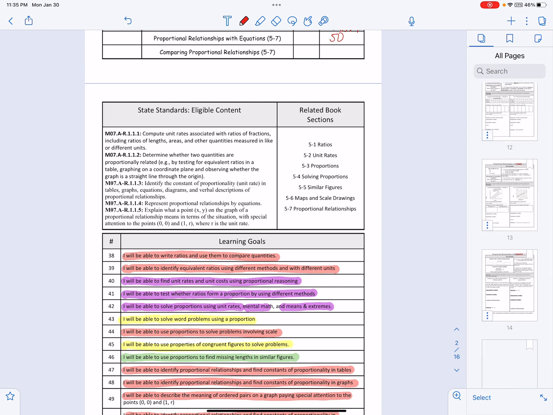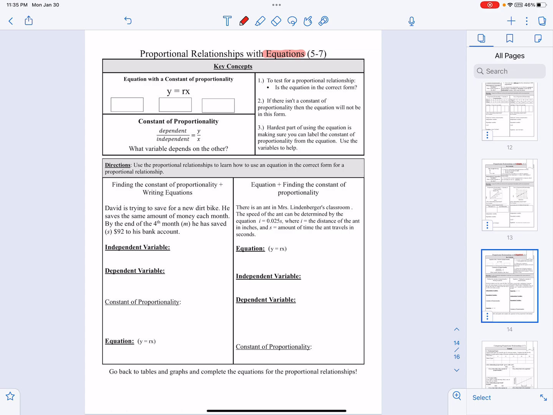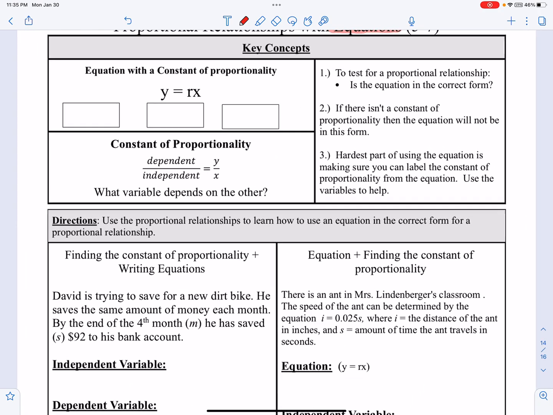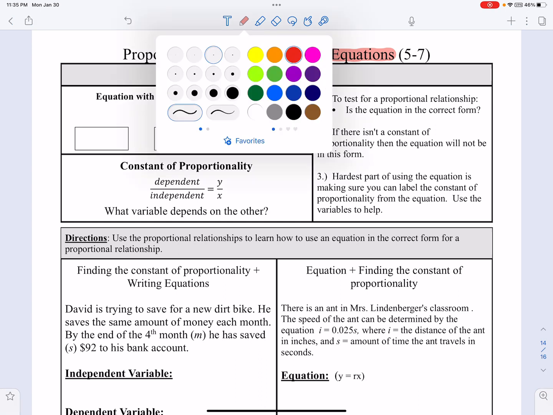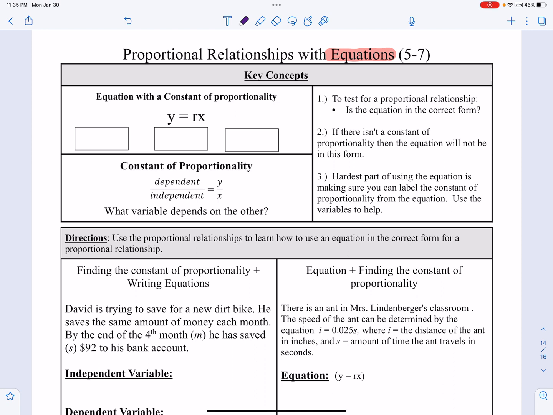So let's go back down to our notes today. I actually want you to head to the equations one first. I think you can better understand the other ones by understanding this equation. And we are going to make a change here to something that I find a little bit more accurate in the world of math.